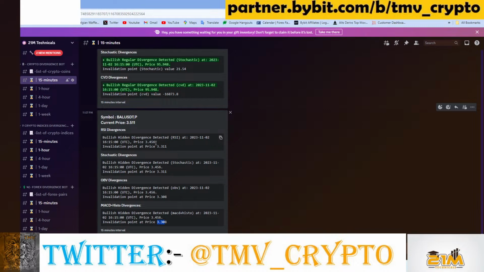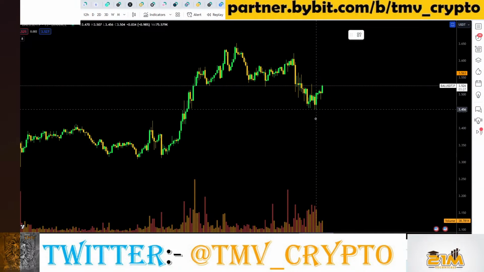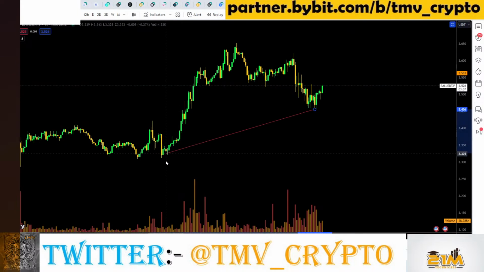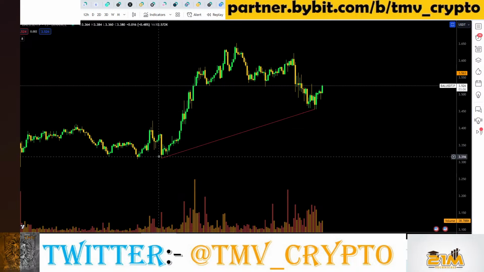At what price was the divergence detected? 3.456, at 16:15 UTC. Go to the chart, 16:15 here. This was the level where the price was detected. And what was the invalidation point? 3.311, which would be the downside, here.